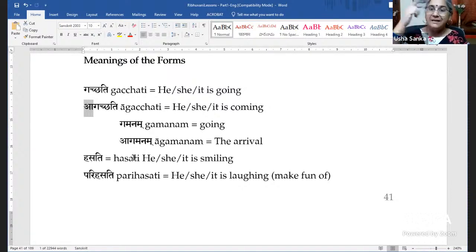When he goes, it is to. When it is come, it is from. So agachati is giving us the meaning of coming. So which is the responsible element? Can somebody tell me what is responsible in making going into coming? What is that feature?